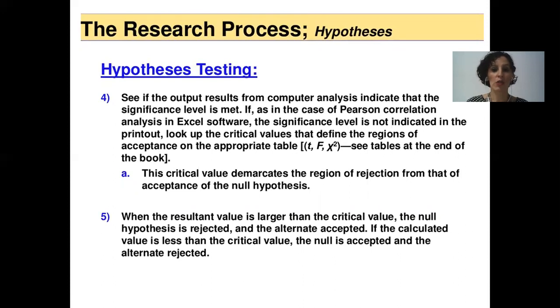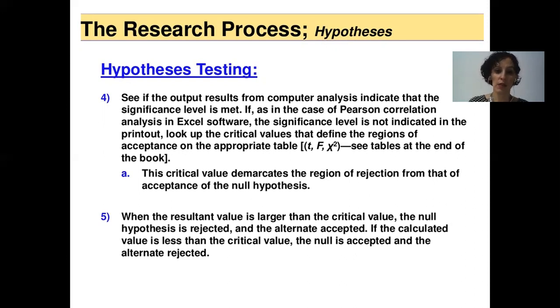Step 4, you have to check that the output results from the computer analysis indicate that the significance level, which you determined in step 3, is met. So for example, if on Excel you haven't had a chance to determine the significance level, then you have to look up the critical values on the appropriate table. And remember that the critical value demarcates the region of rejection from that acceptance of the null hypothesis.